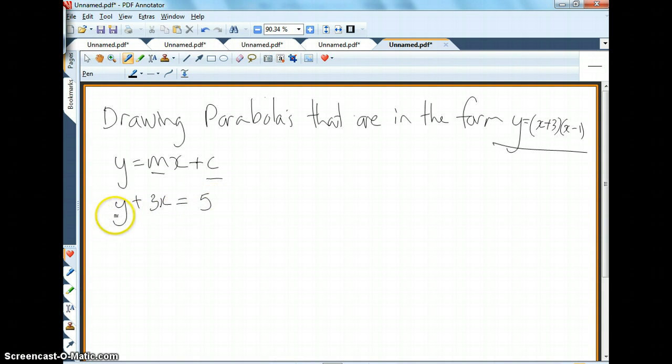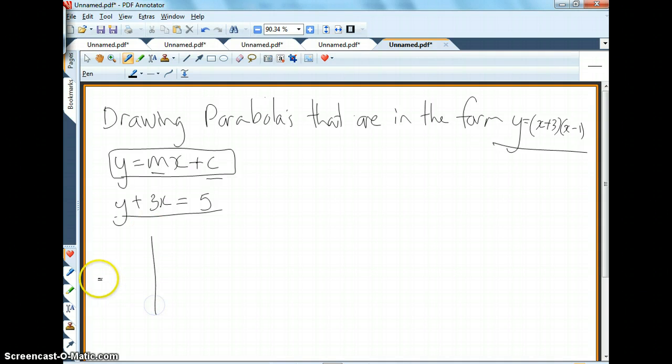And we had to interpret that either by rearranging it into this format or by using a different method for drawing that line. And the method I gave you was to find the x-intercept and find the y-intercept and join the dots. Do you remember this? Yeah? Good.